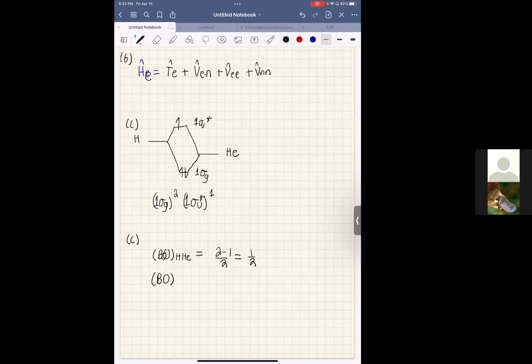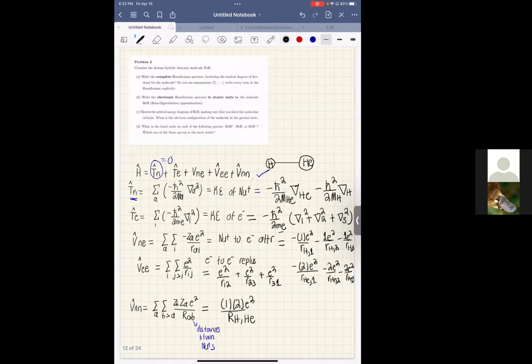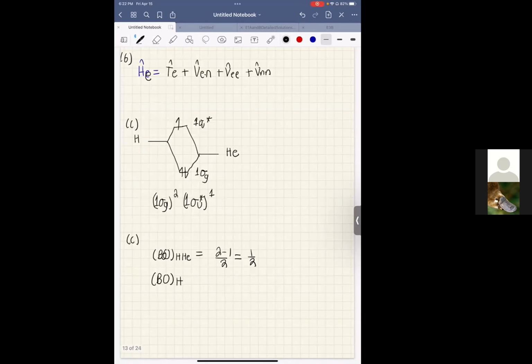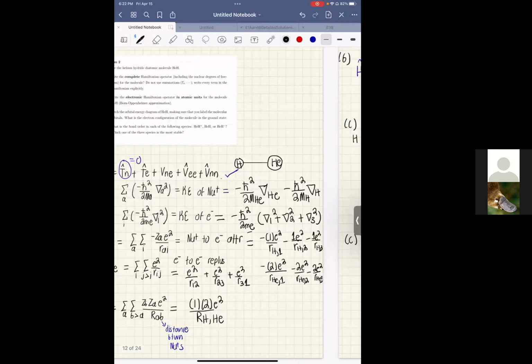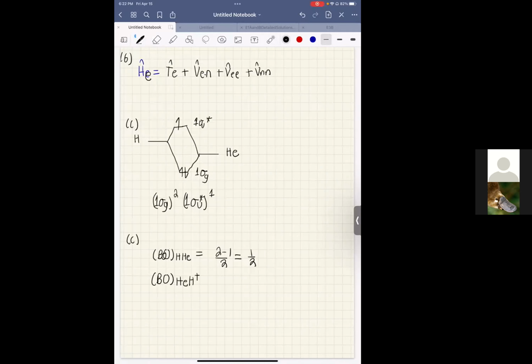If we're talking about, let's see, yeah, it's going to be positive. You put the positive here. It's going to be the same thing up here, but it's going to have 1 less electron, which means it's not going to have any electrons in its antibonding orbital, which means it'll be 2 minus 0 over 2, which would be 1.